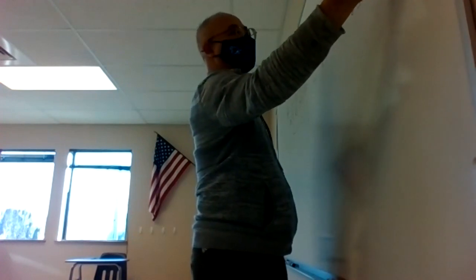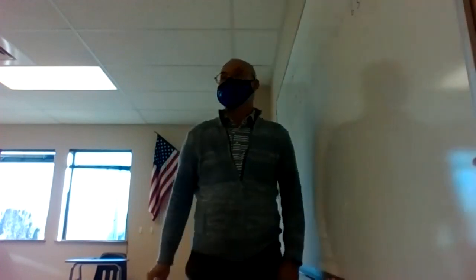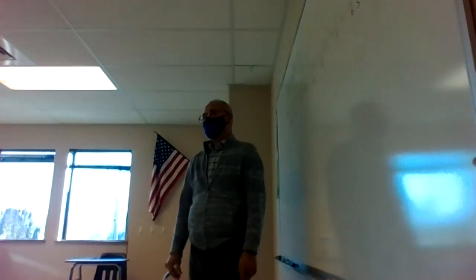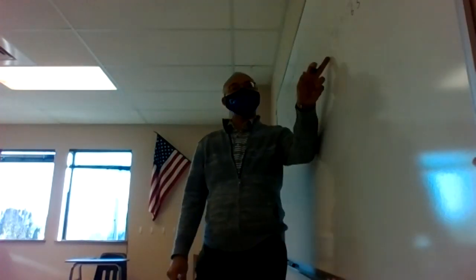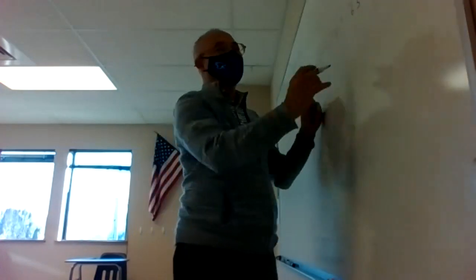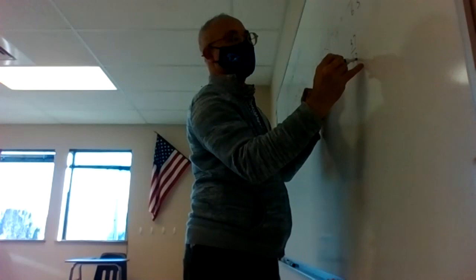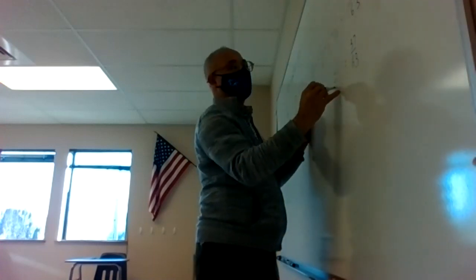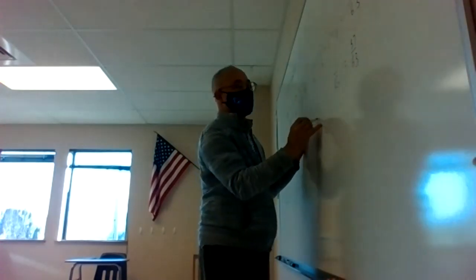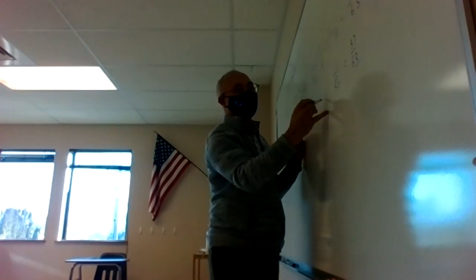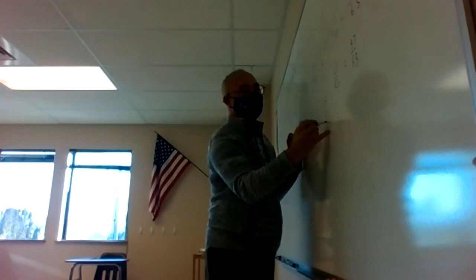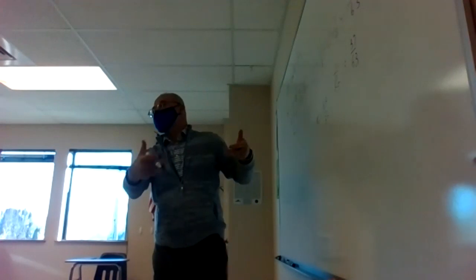Common denominator, very hard math here, right? The common denominator of 3, 7, and 9 is 63. Add them together, I get 37 over 63. This is 1 over R total. So R total is going to be 63 over 37. I'll just flip both sides over.